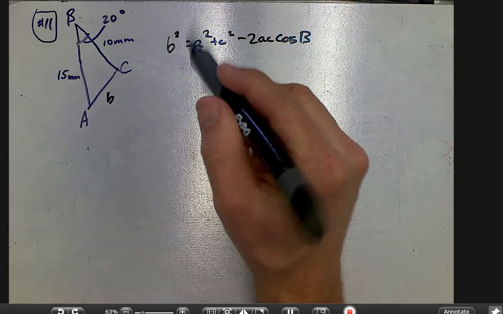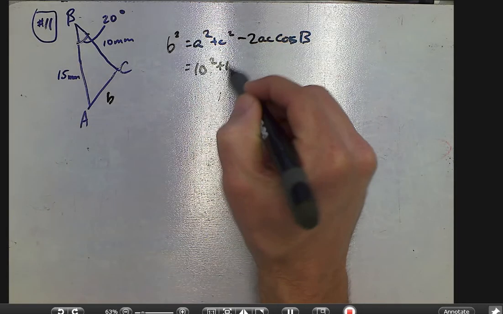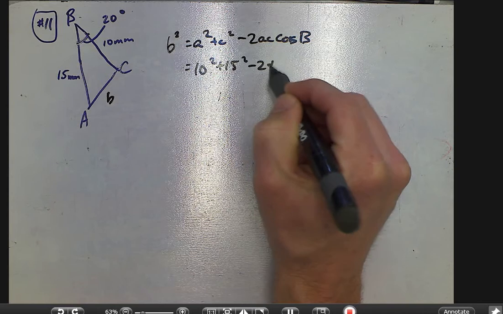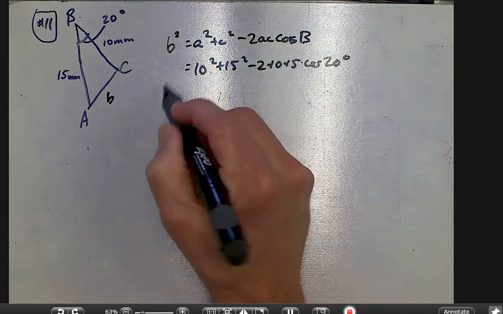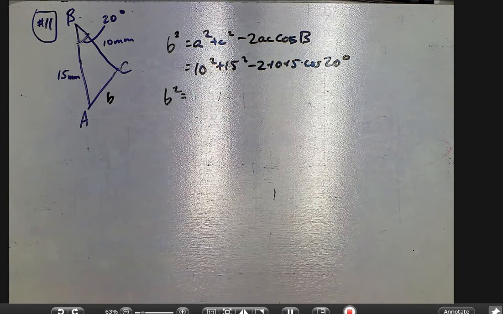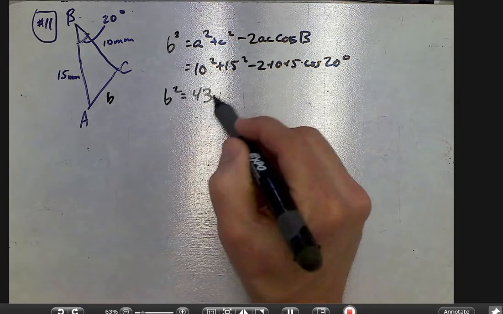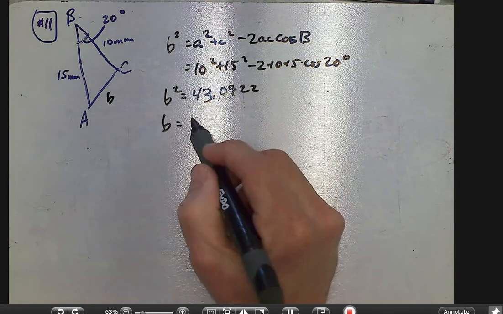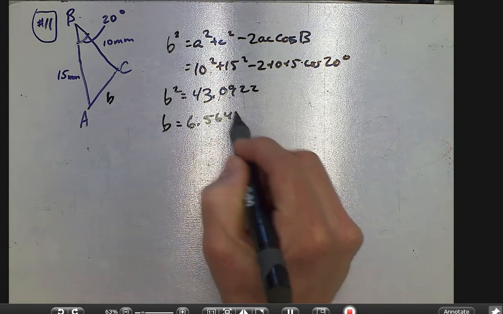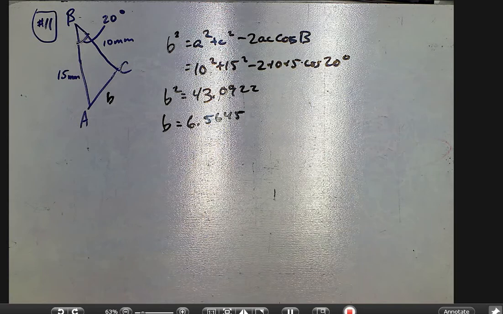And so that's 10 squared plus 15 squared minus 2 times 10 times 15 times the cosine of 20 degrees. B squared turns out to be 43.0922, which means side B is 6.5645 by using the square root feature on the calculator.